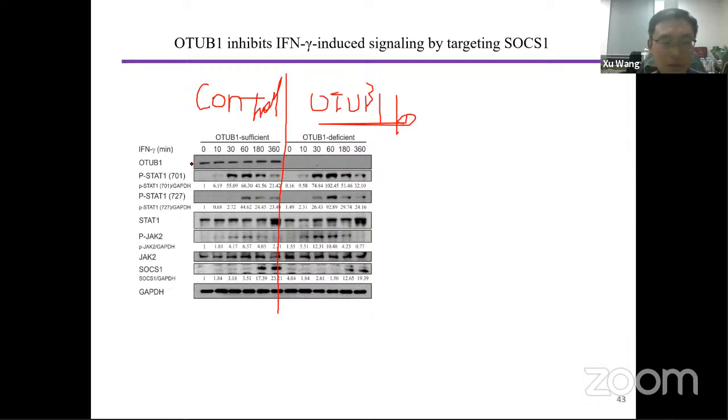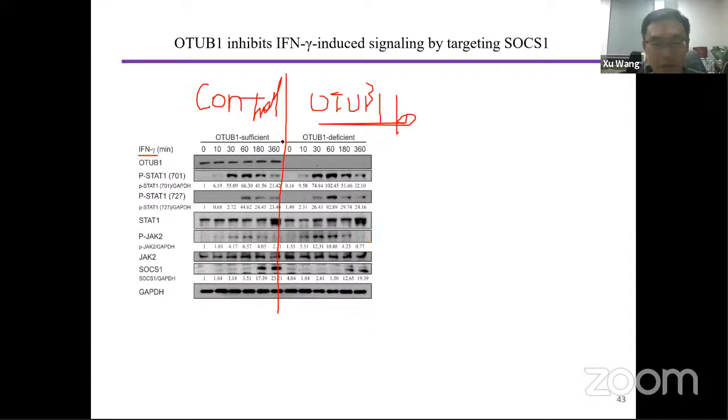And upon interferon gamma stimulation, the phosphorylation of STAT1 is increased in the knockout cells. Especially, for example, here, this band is very strong and this band is weak compared with this band.